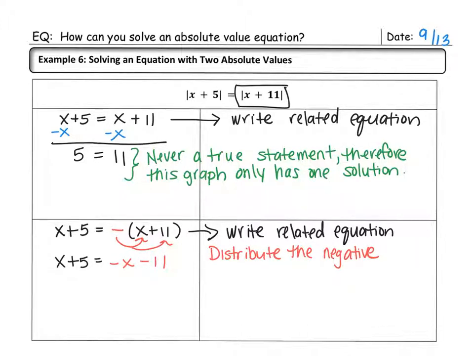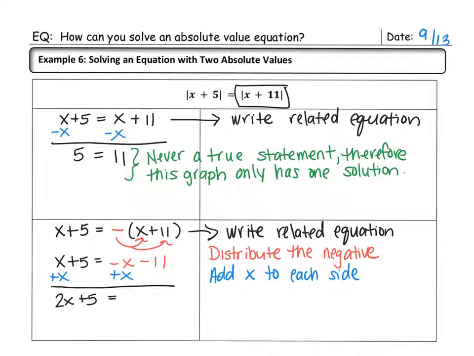So now I want to get all my x terms on the same side. So I'm going to add x to each side. So take this one and add it to the left-hand side also. So now you'll have x plus x, which will give you 2x plus 5 equals negative 11.